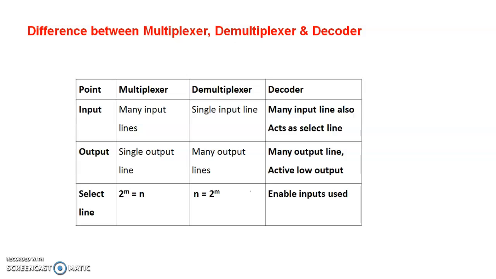And for output lines, multiplexer has a single output line, demultiplexer has multiple output lines, but decoder has many output lines and active low outputs. And the formula to calculate the select input is 2 raised to m is equal to n, and for demultiplexer it is n is equal to 2 raised to m. Enable strobe input is also required in a decoder. So this is the difference between multiplexer, demultiplexer and decoder.